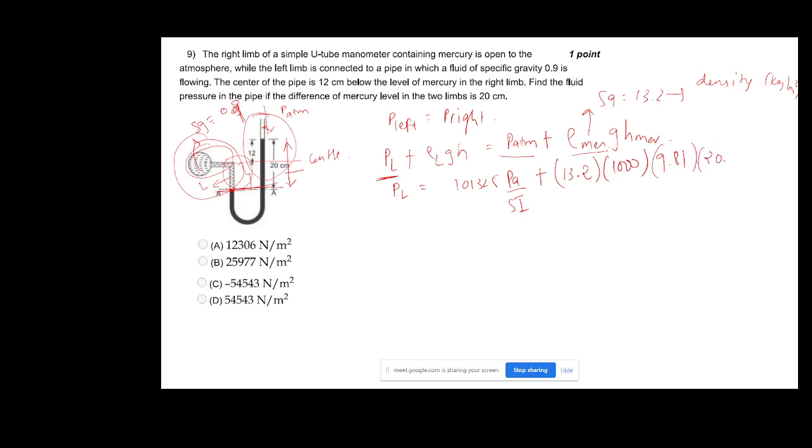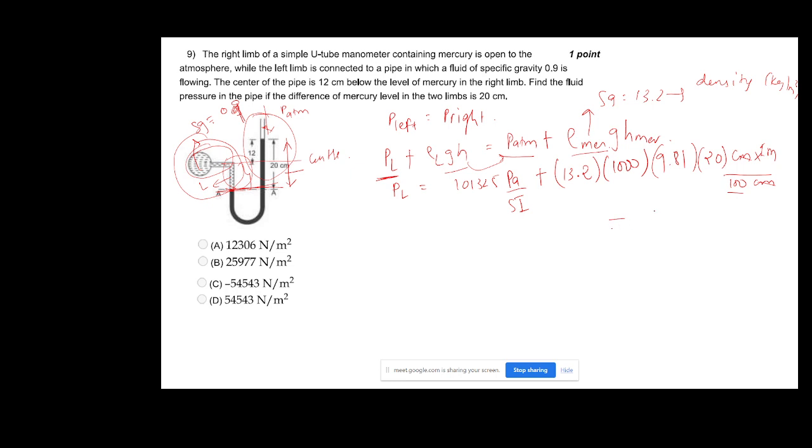Since it is in centimeter, we will convert it into meter by dividing by 100. And this term will come on the right hand side.